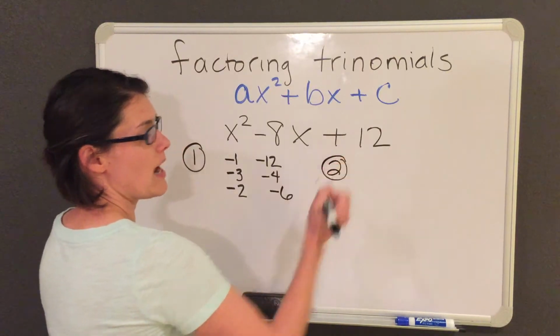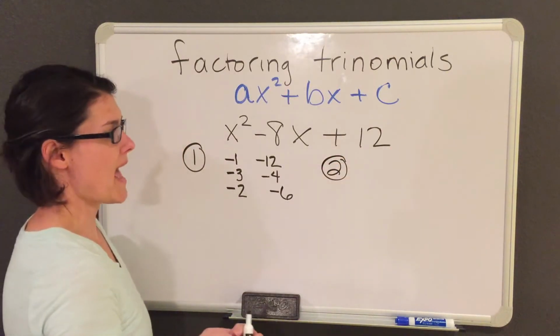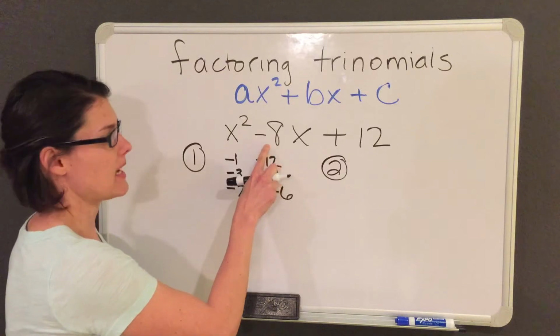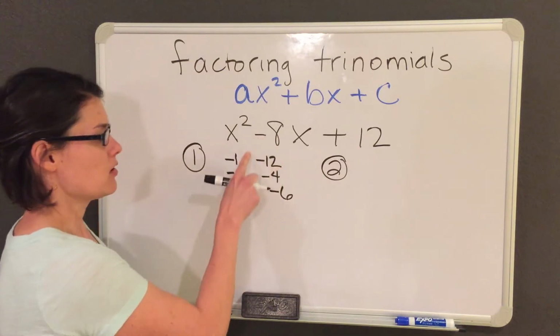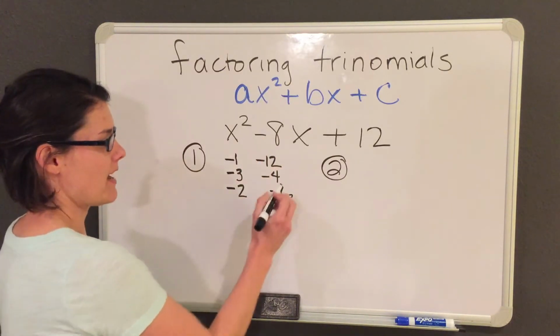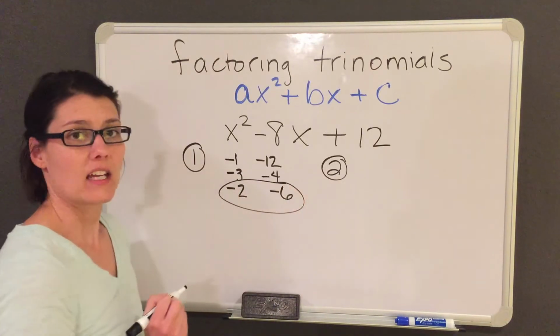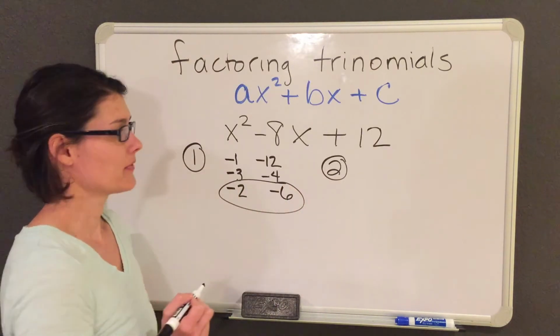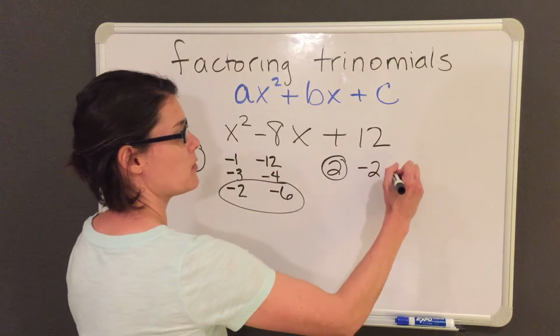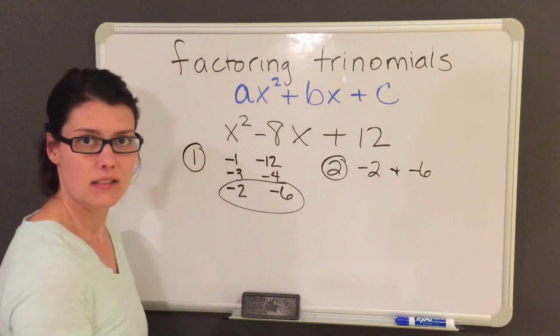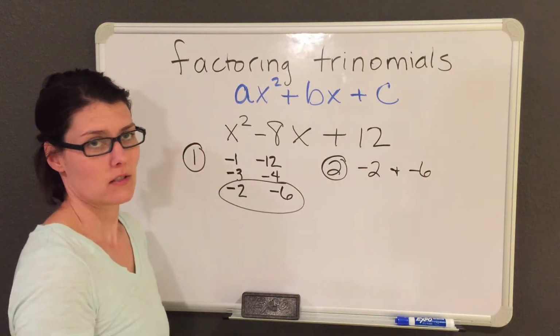On step 2, I'm going to pick the 2 factors that add to be my middle term. In this case, it is negative 8. So my 2 factors that add to be negative 8 are negative 2 and negative 6. So I'm going to pick negative 2 and negative 6 as my 2 factors.